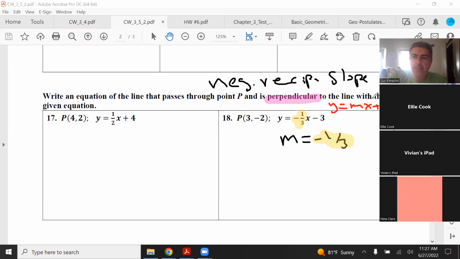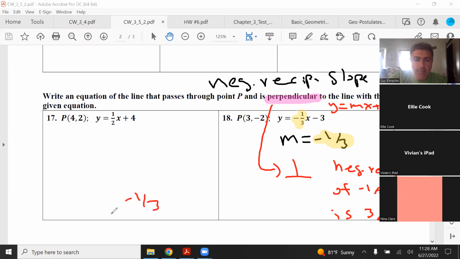It's similar for perpendicular. So the negative reciprocal of -1/3 is +3/1. You have to change the sign, going from negative to positive, and then flip. It's like you're incorporating an extra negative here and flipping these guys. So that's what we get, 3/1.